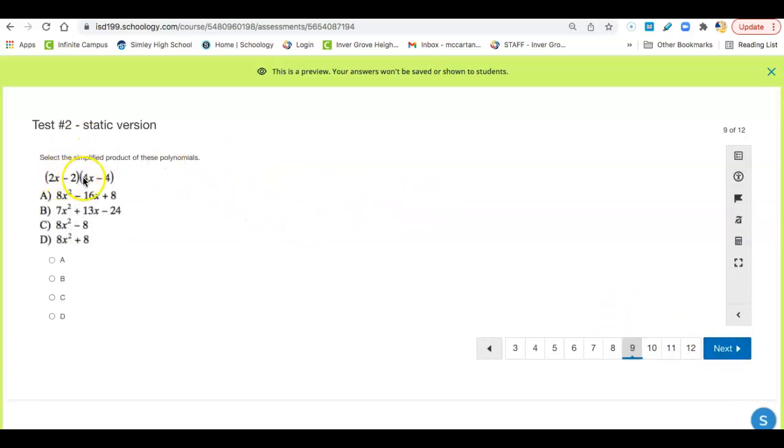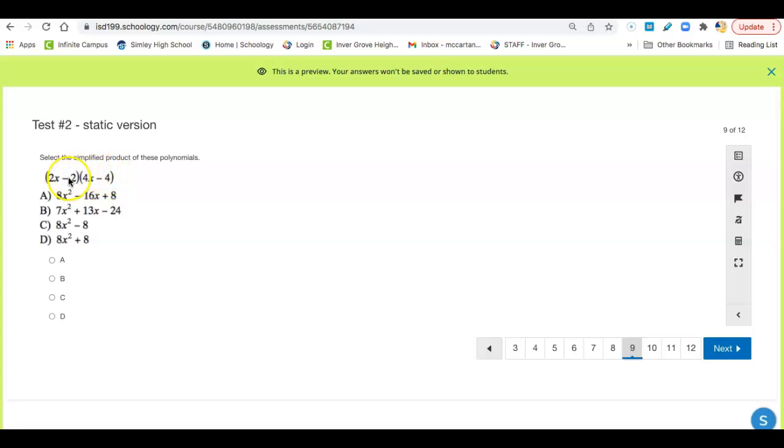All right, number 9. Take a look again at the first term. 2 times 4 is 8x squared, so it's either A, C, or D. And again, though, it's going to have 3 terms in your answer. These signs are the same. You have 3 terms in your answer.